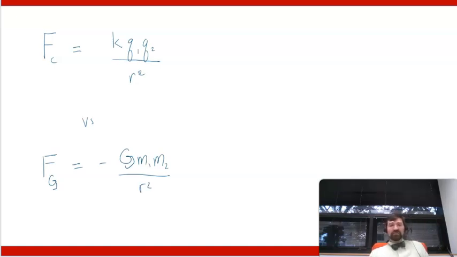So these two laws are like each other in that they both have a fundamental constant times a product of relevant terms divided by the square of the distance between the two objects. So they're alike in that manner.